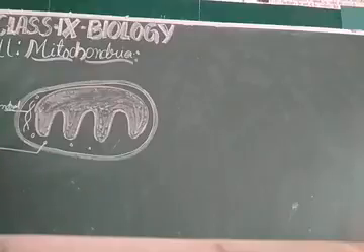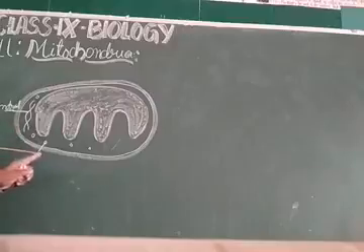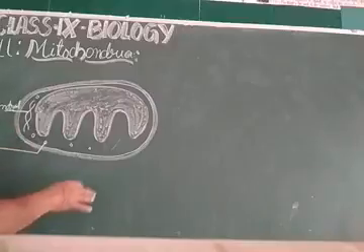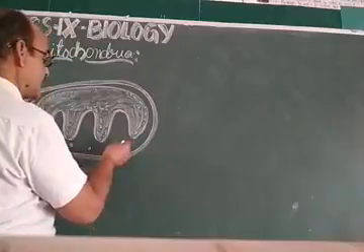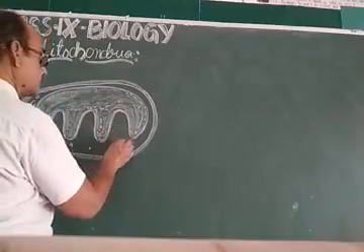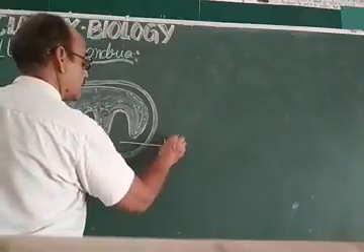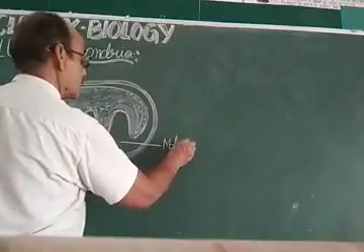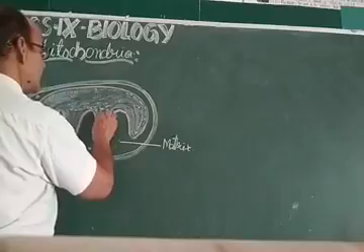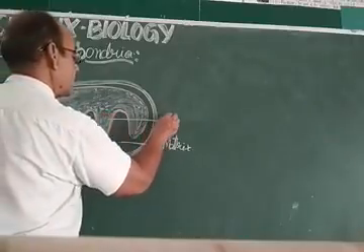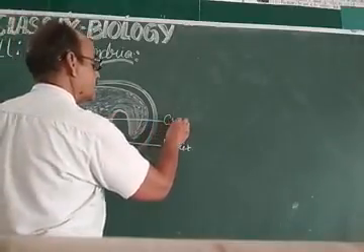Ribosomes are also found in this. Only mitochondria and plastid have their own DNA, and this is called the matrix. This is called the matrix, and these folds are called cristae.